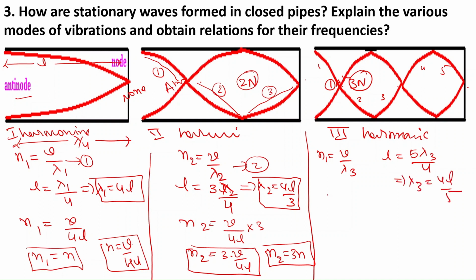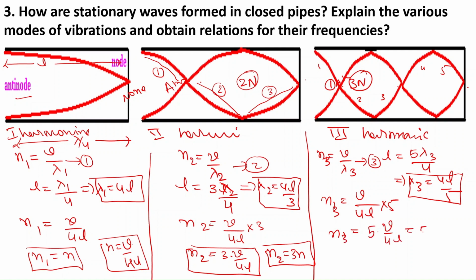So here I consider the lambda 3 value in this equation number 3. Then N3 is equal to V by 4L, and this by 5 becomes multiplied. Therefore N3 is equal to 5 into V by 4L, that becomes 5 into N. Therefore N3 is equal to 5N is the answer.